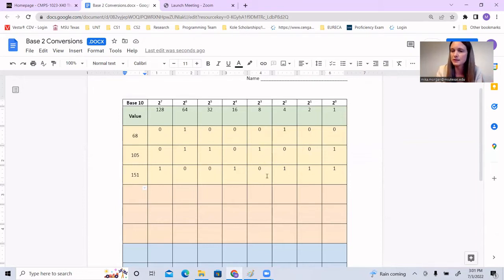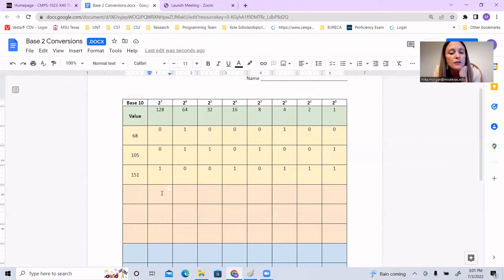I'm going to skip this one because there's a 0. I'll say plus 16. Skip these because there are zeros, plus 128, and I got 151. So good. I think that's the way that the PDF does it, it shows you, make your place values. If there's a 1, you add it. If there's a 0, you can just cross it off.